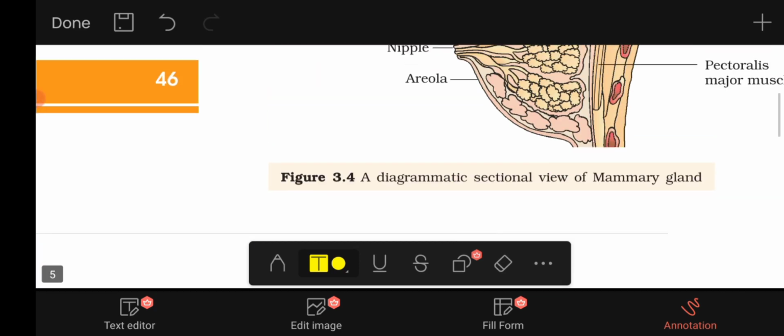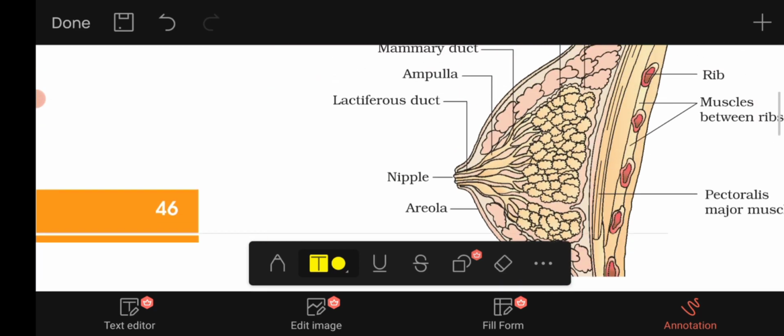So in this diagram they have clearly shown the mammary lobes, that is, the glandular tissue is divided into 15 to 20 mammary lobes in each breast or in each mammary gland. So these are the mammary lobes which you can see. Around 15 to 20 mammary lobes are present in each, and these mammary lobes contain milk producing cells called alveoli. So these are alveoli.